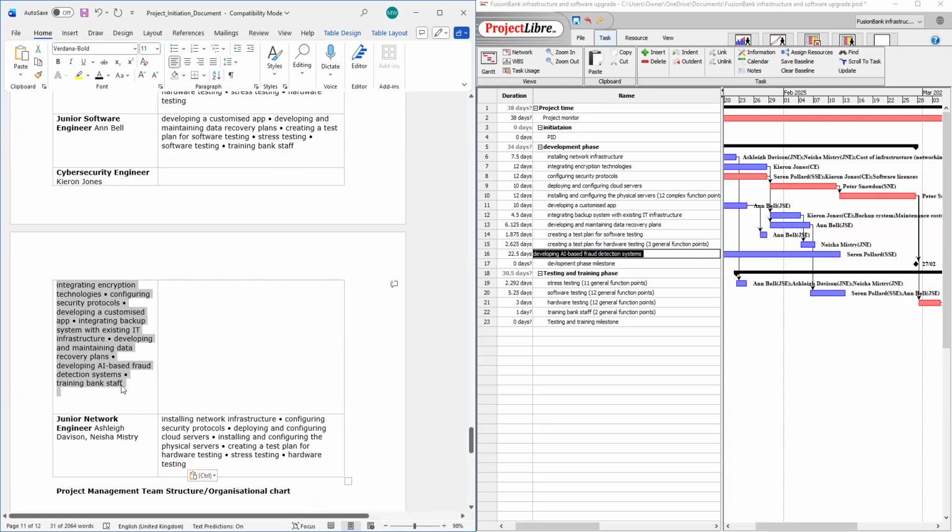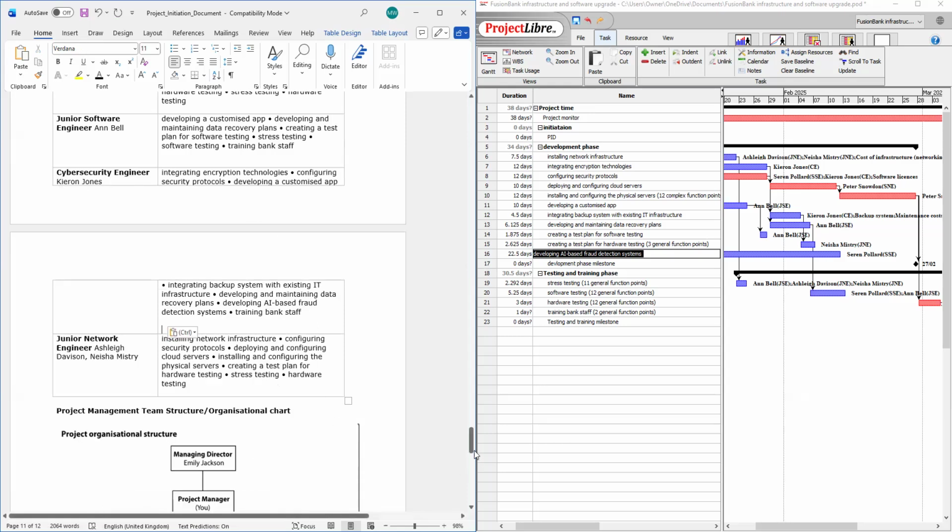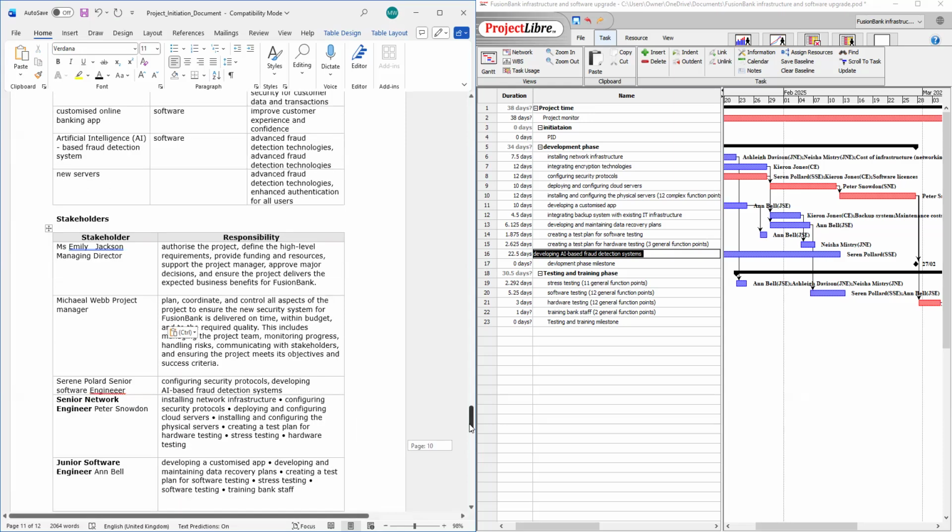So all we did was copy it from the responsibilities and paste it over, and that's what we get. That makes it quicker.